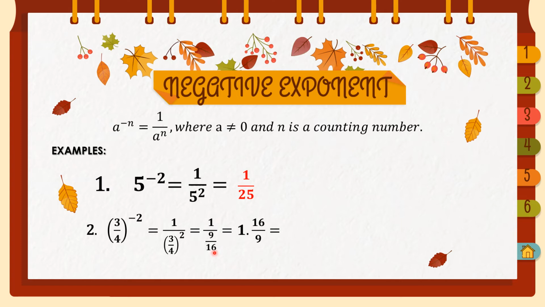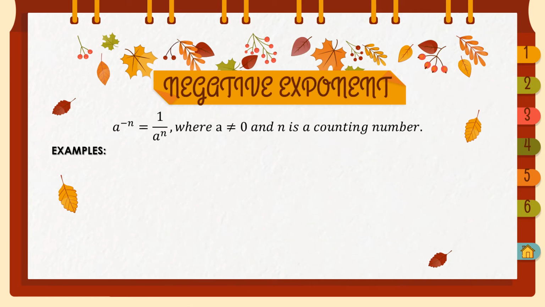And then, by division of fractions, we need to get the reciprocal of the denominator and then proceed to multiplication. So, magiging 1 times, reciprocal daw po natin yung 9 all over 16. That will become 16 all over 9.